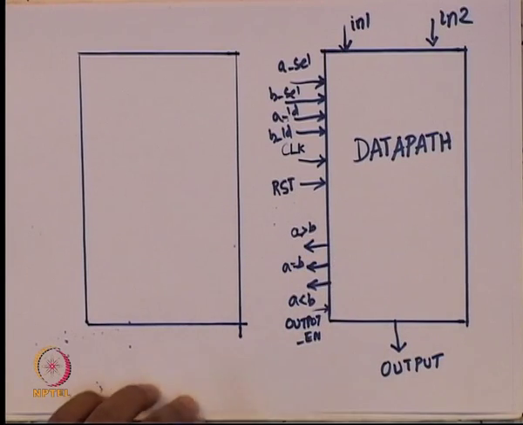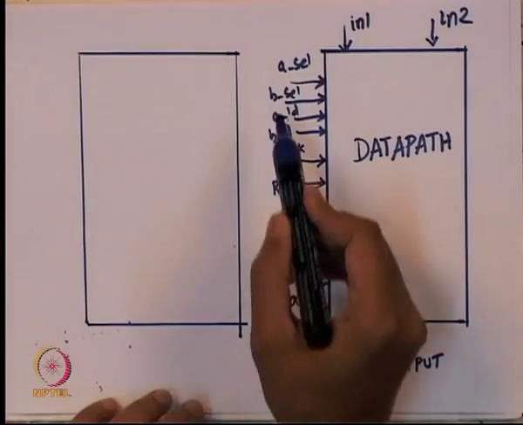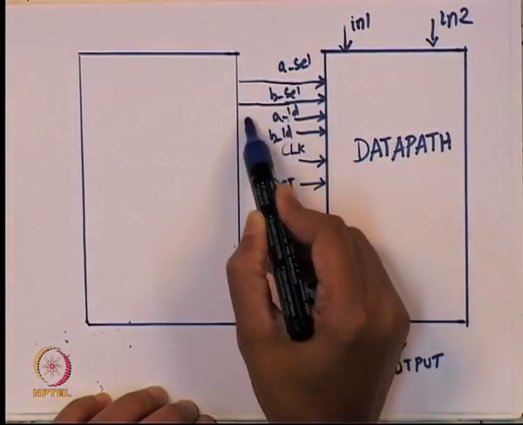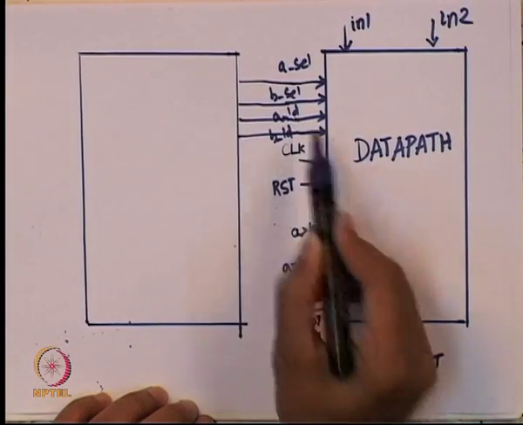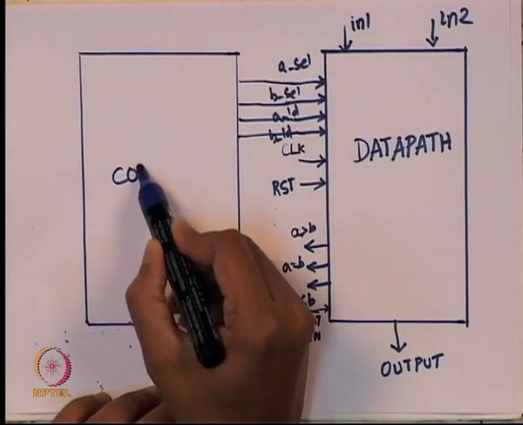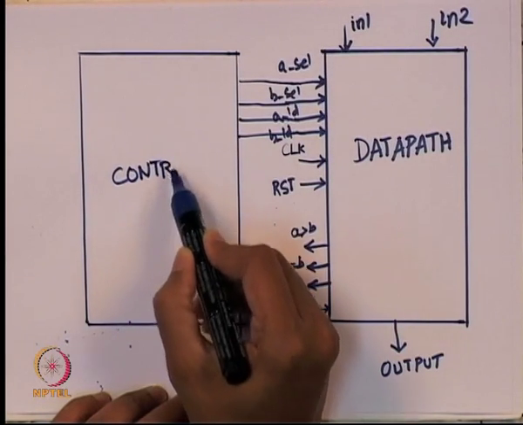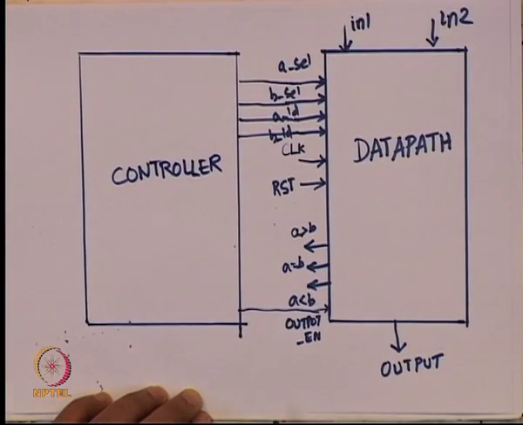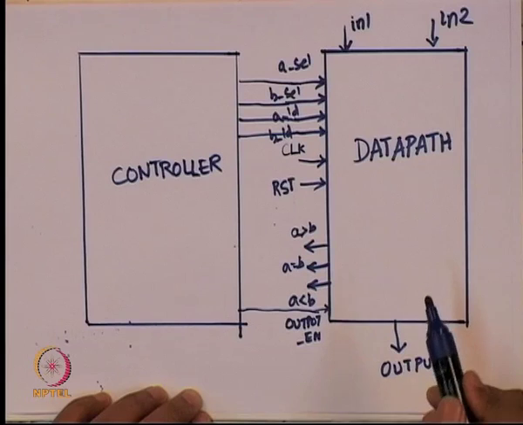What this is supposed to do is, first of all, drive all these lines. So A select, B select, A load, B load, and output enable should all come from what we are going to call the controller. The controller cannot make these decisions independently.